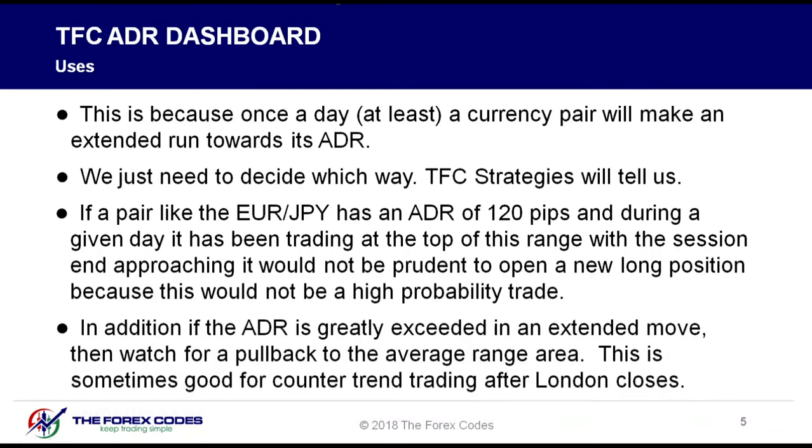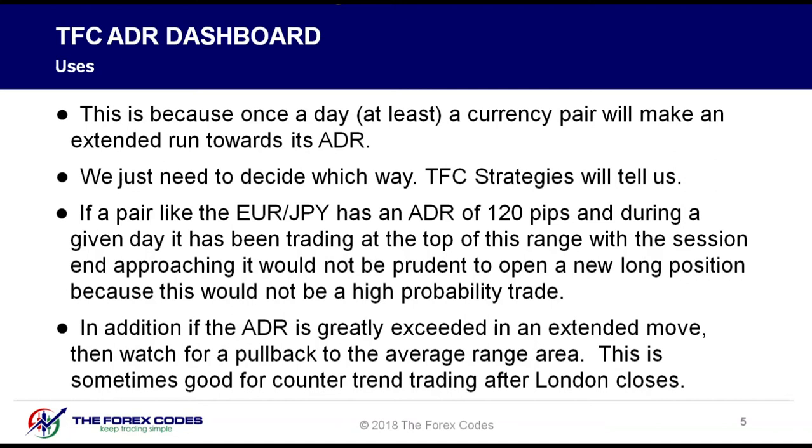So in addition, if the ADR is greatly exceeded in an extended move, let's say the ADR is 100 and it's already now at 150 for that day, something's got to give, hasn't it? Then watch for a pullback back to the average range area. We call this elastic band effect. I'll come on to this a bit later.